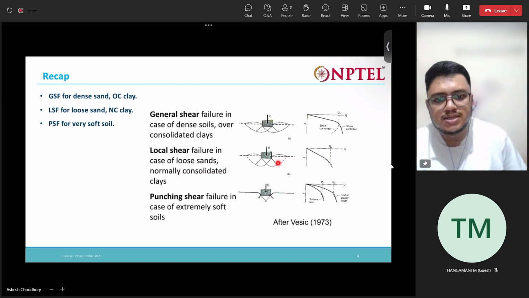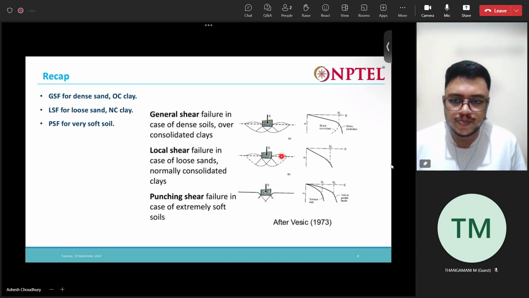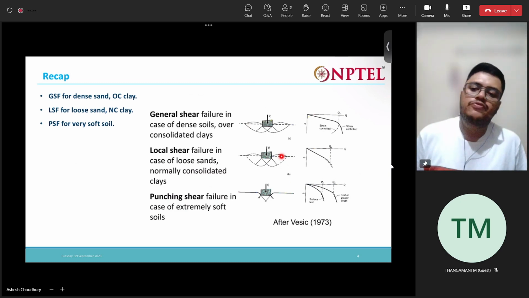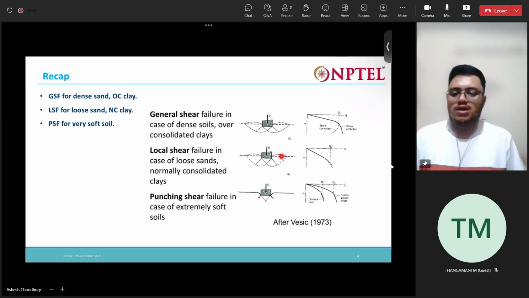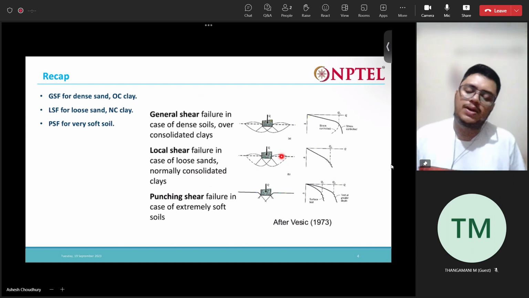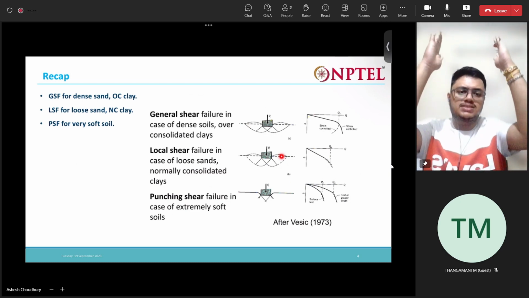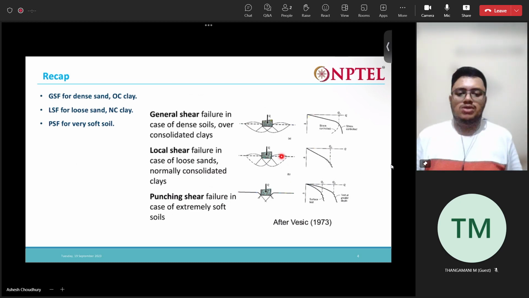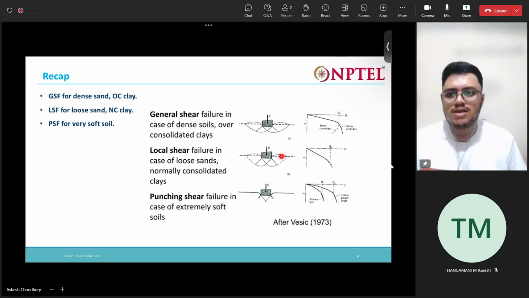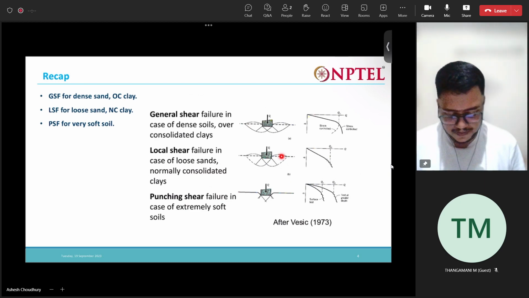It is not completely formed, but still we have some ground heaving. The local shear failure occurs for loose sand and normally consolidated clays. And then we have the punching shear failure. This happens for extremely soft soil. So there are no clear failure surfaces here. The foundation just settles, punches into the soil. Alright, so these are the three modes of failure.